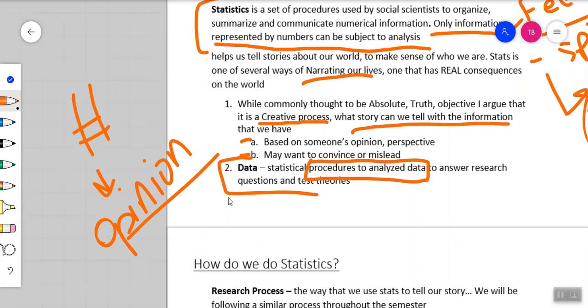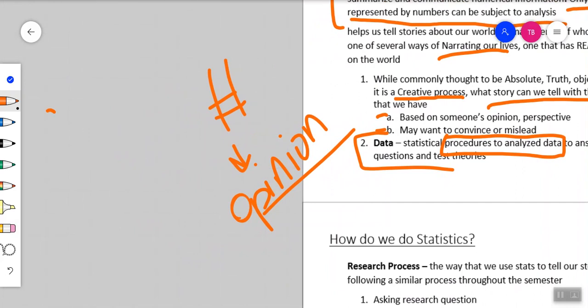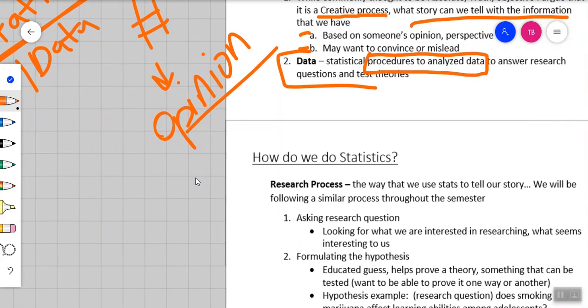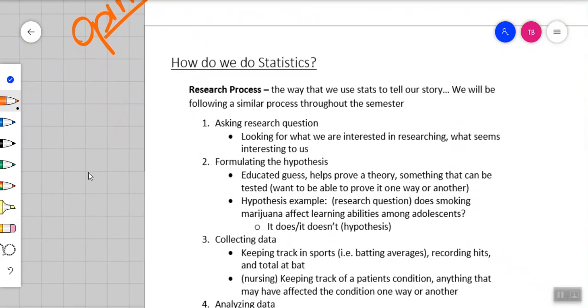So the big idea of statistics is the whole picture, and we use things like data and numbers to tell our story. Statistics is the whole picture; data helps us tell the story. Okay, so that's the basic idea of statistics.